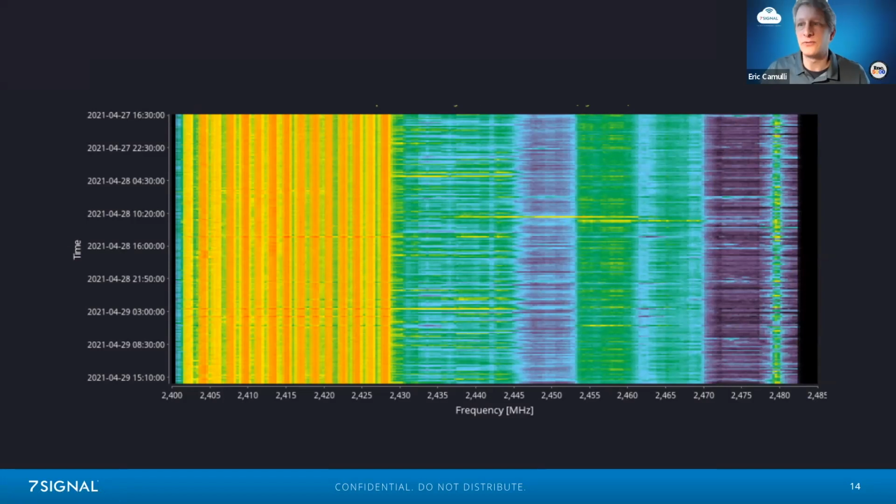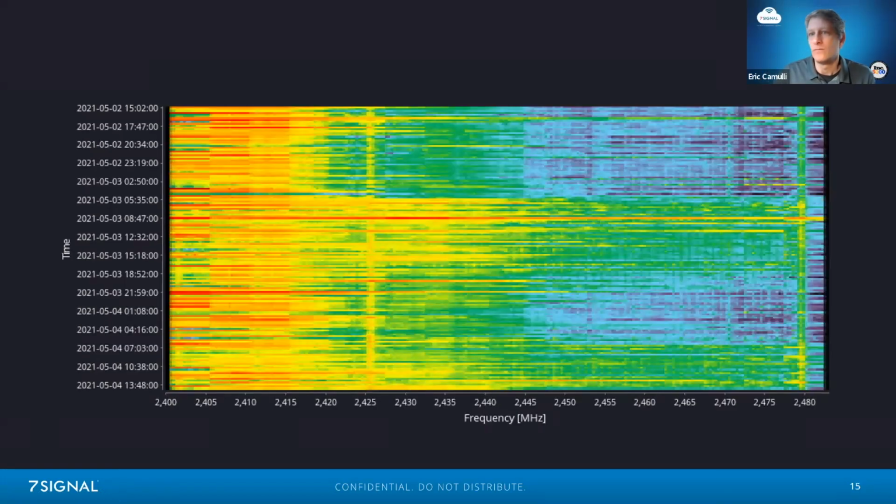All right, let's move on to our next one. Yikes. So yeah, again, the whole bottom end of the spectrum here has been destroyed by what looks like Bluetooth interference. Yeah, you can see Bluetooth for sure here. And one of the telltale signs too is this kind of background washboard look to it, where each of the 40 or so Bluetooth channels has some utilization in it.